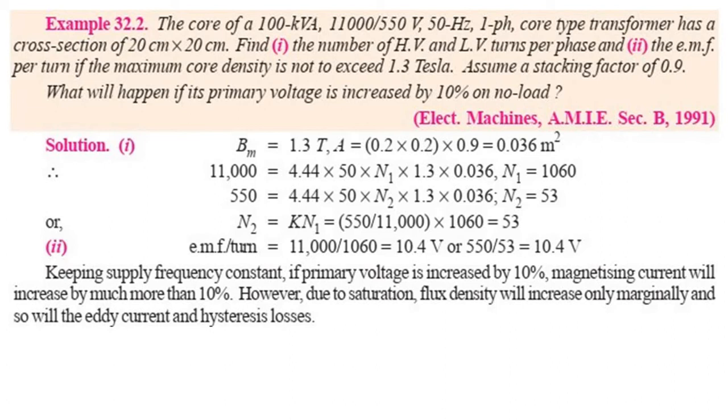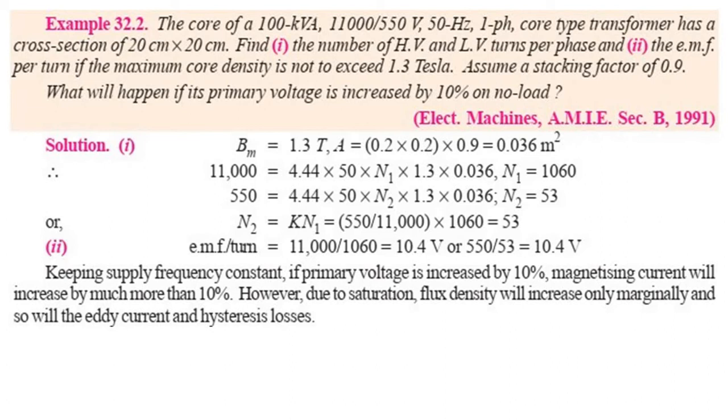Then 550 is equal to 4.44 into 50 into N2 into 1.3 into 0.036, so N2 is equal to 53. N2 is equal to K into N1, that is 550 divided by 11,000 into 1060, which is equal to 53. EMF per turn is equal to 11,000 divided by 1060, which is equal to 10.4 volts, or 550 divided by 53, which is equal to 10.4 volts.